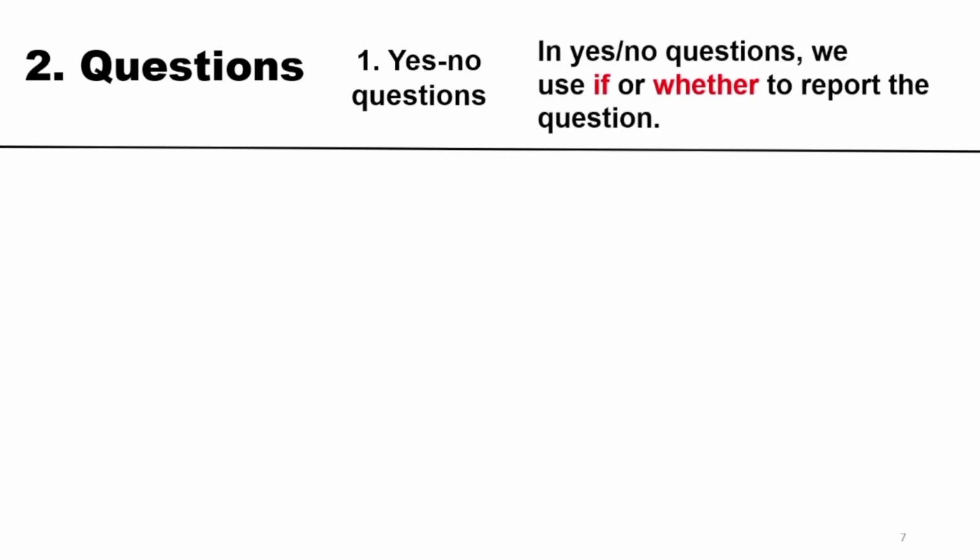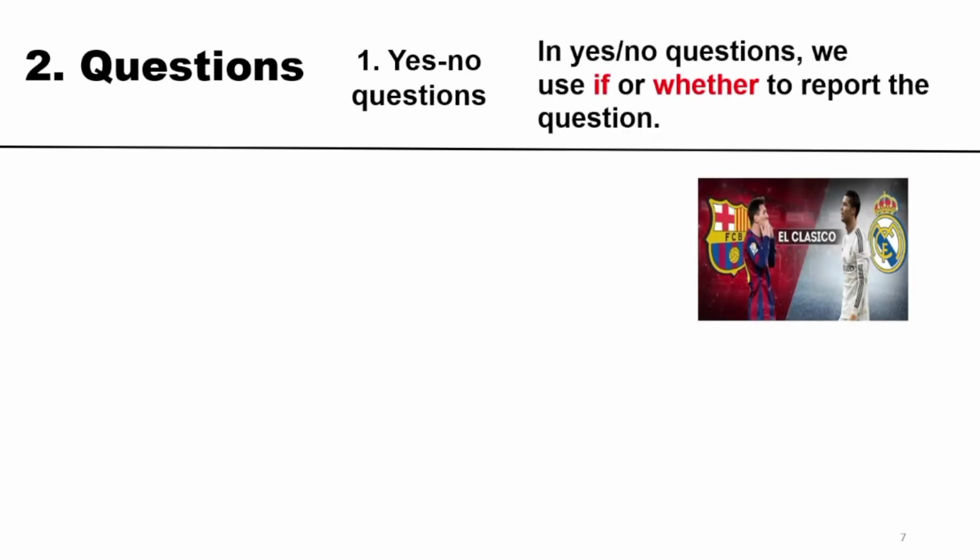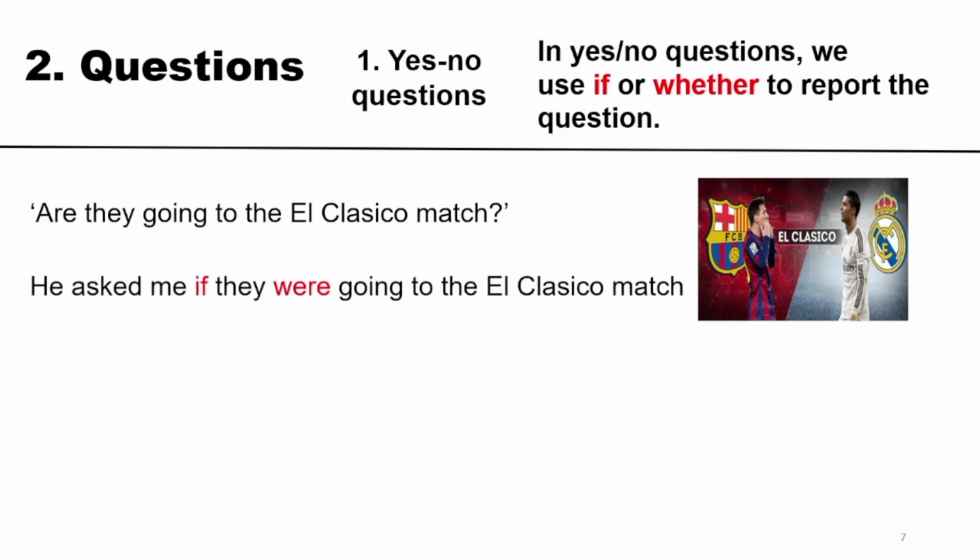The second, questions. We can also report questions to someone else. The first is yes or no questions. In yes or no questions, we use if or whether to report the question. For example, are they going to the El Clasico match? This is the reported question: He asked me if they were going to the El Clasico match.